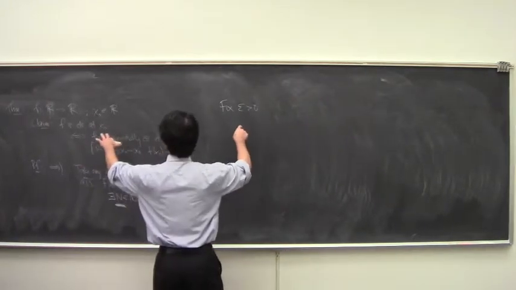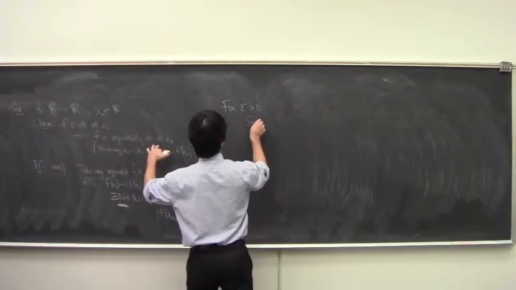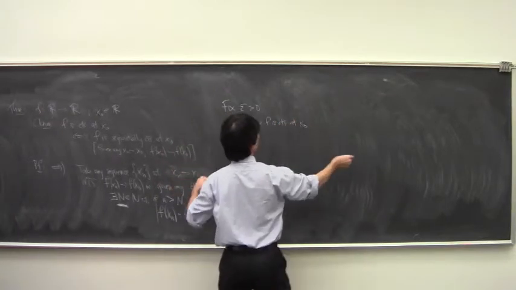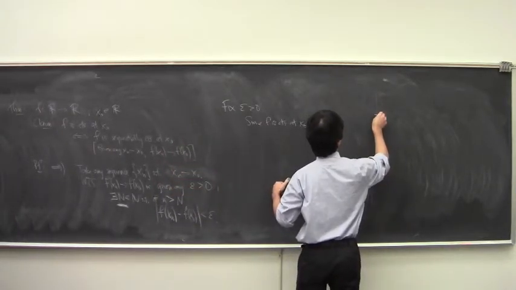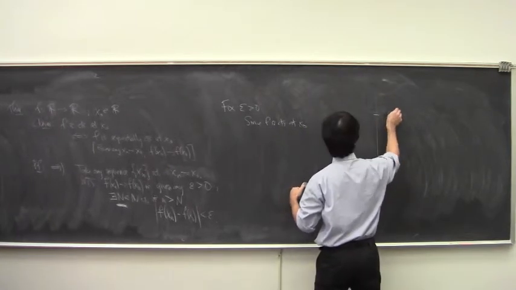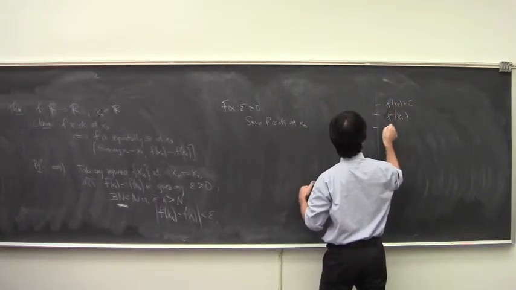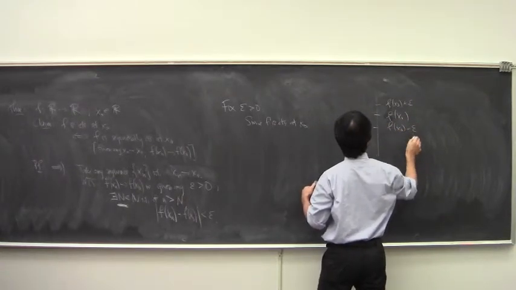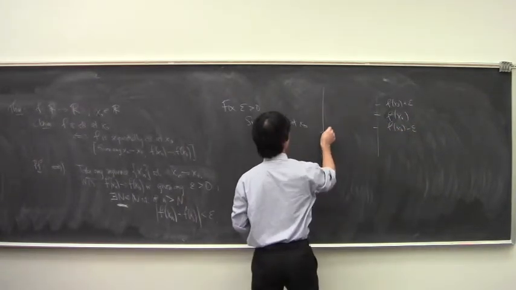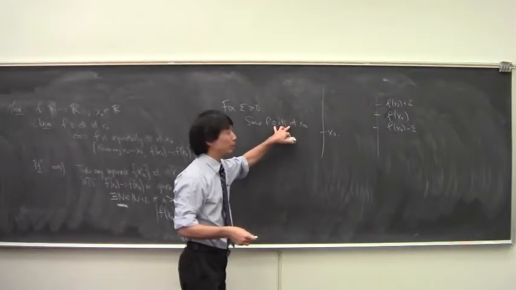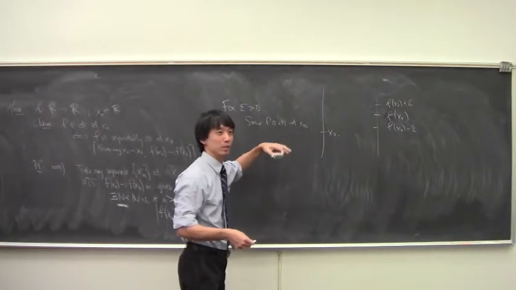Since f is continuous at x naught, we know we can play the epsilon-delta game successfully.